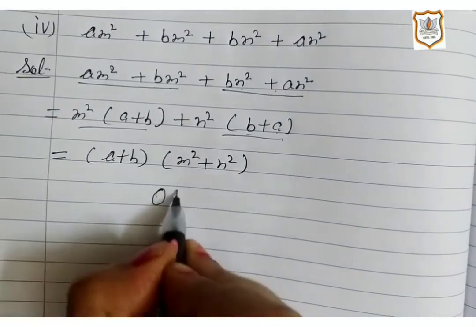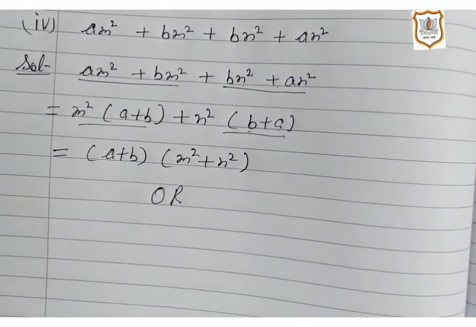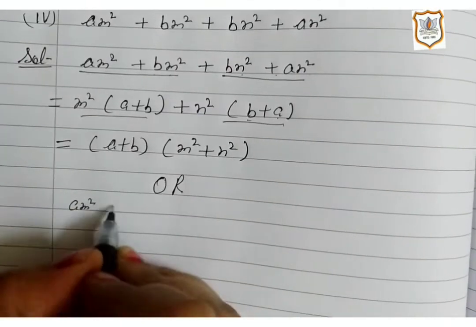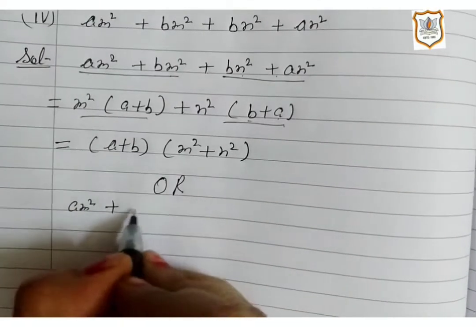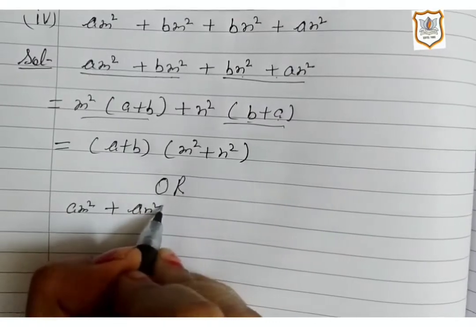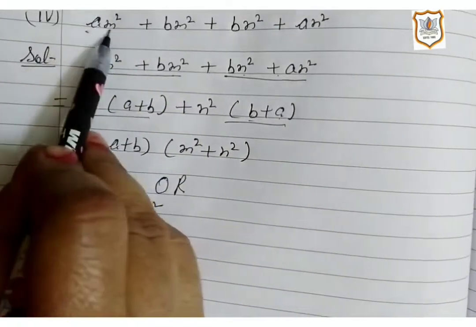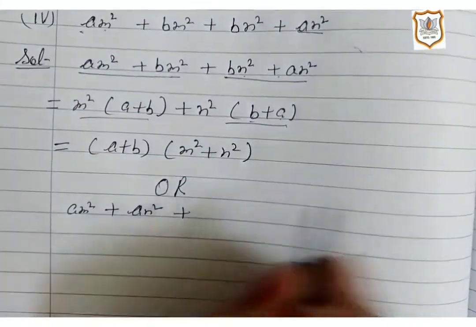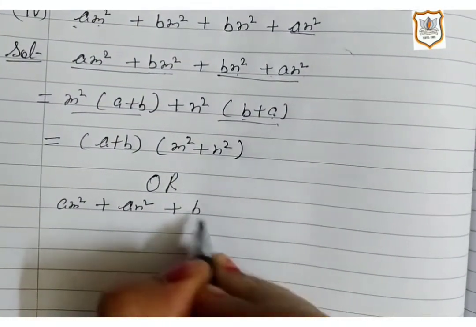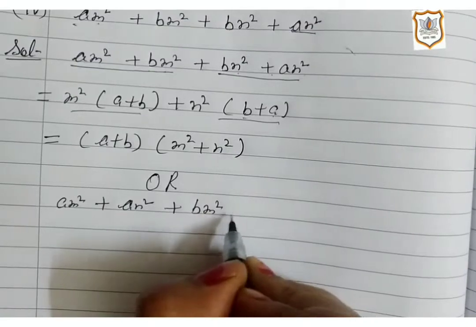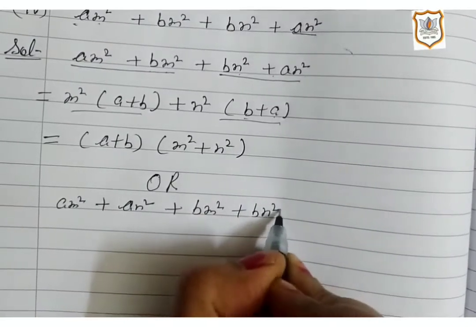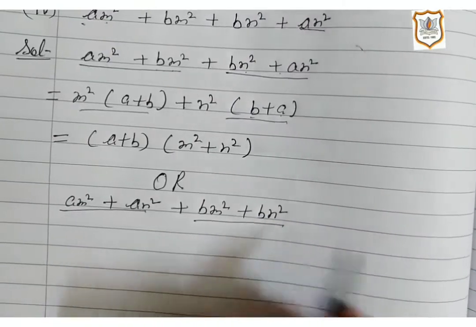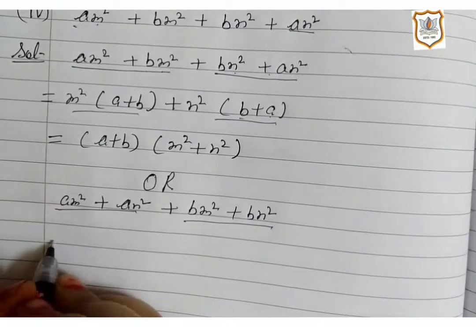Now the other way to solve the sum is, first we will arrange it and write am square plus an square. We will arrange these terms and we will form this pair, and then bm square plus bn square. Here in the first pair the common factor is a, and in the second pair the common factor is b.